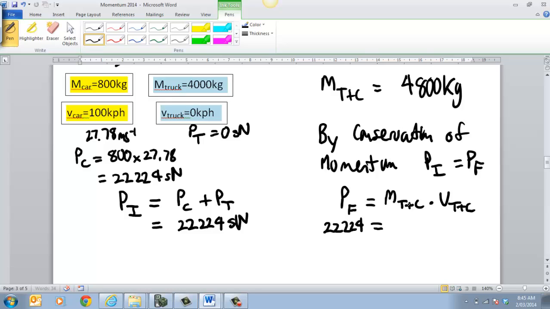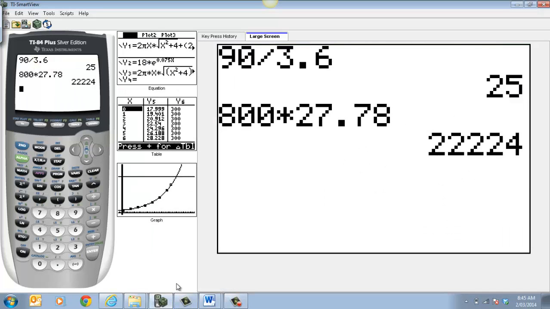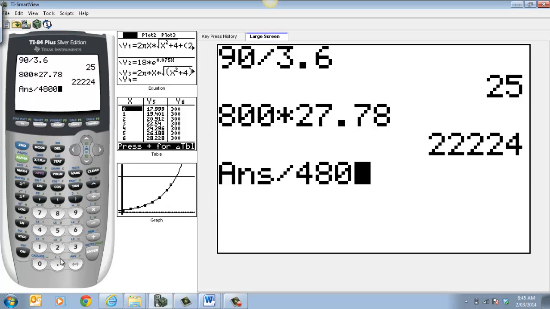Then we know that this over here is going to be 4,800, and that's times by the velocity of the truck plus the car. So the velocity of the truck plus the car is going to be equal to 22,224 divided by 4,800. On my calculator I've already got that answer, so I just divide by 4,800, and that will give me my answer of 4.63.